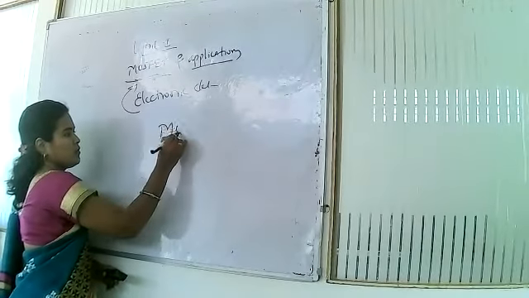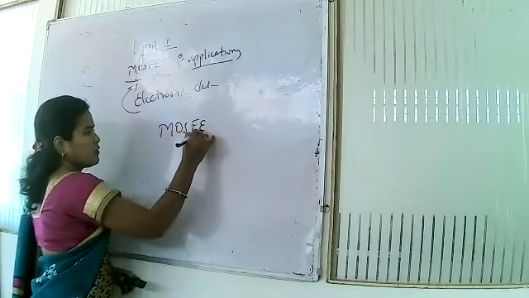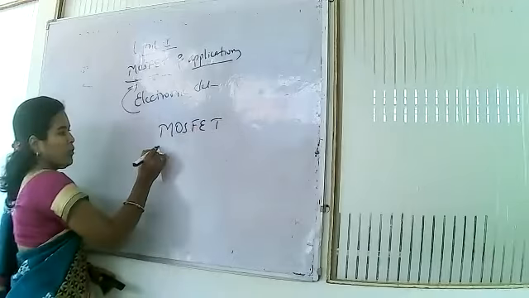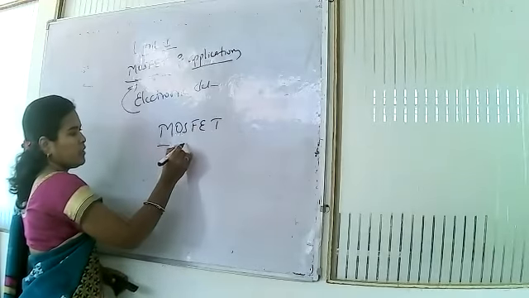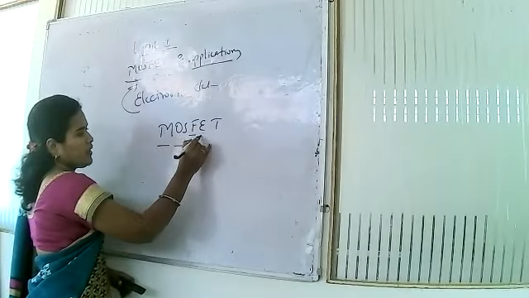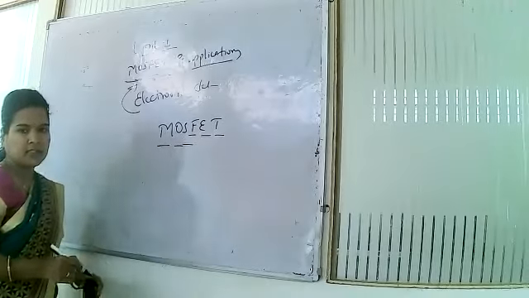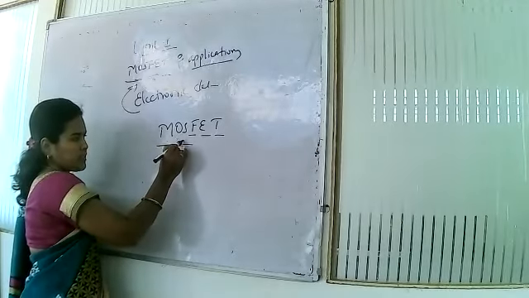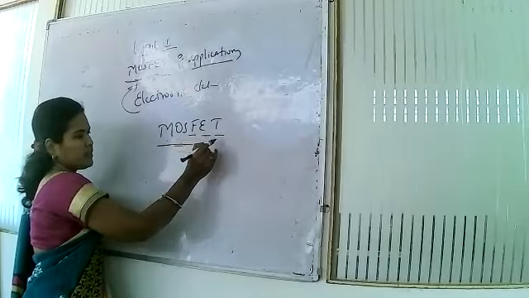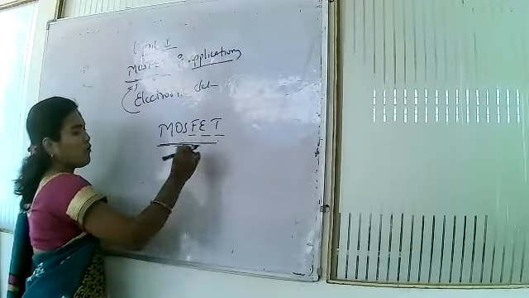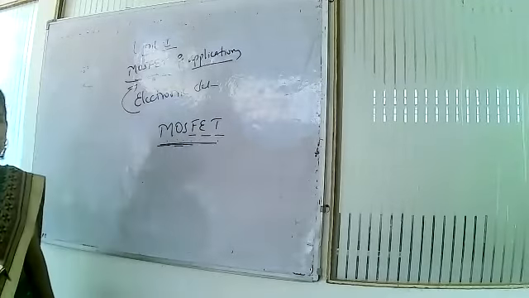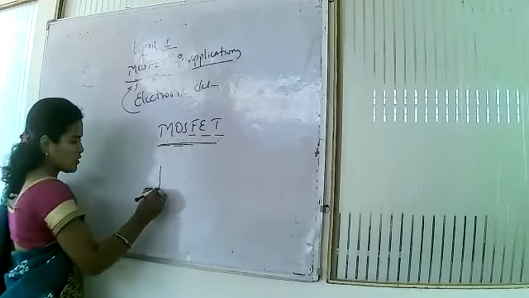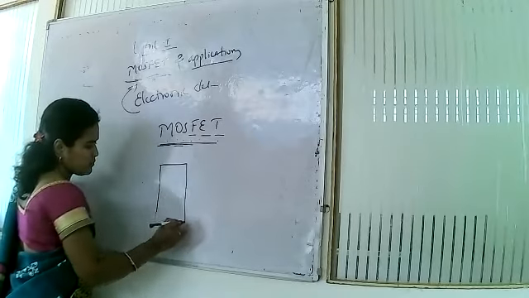What is MOSFET? It is metal oxide semiconductor field effect transistor. Metal oxide semiconductor field effect transistor is the long form of MOSFET. What is the construction of this?